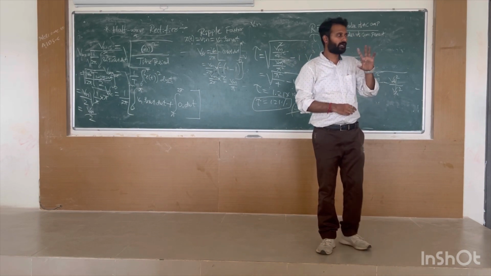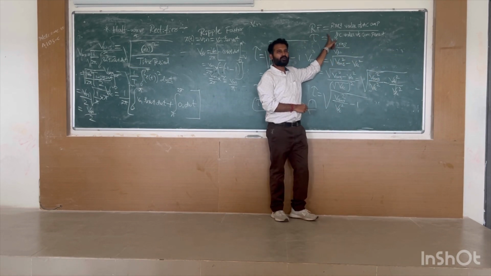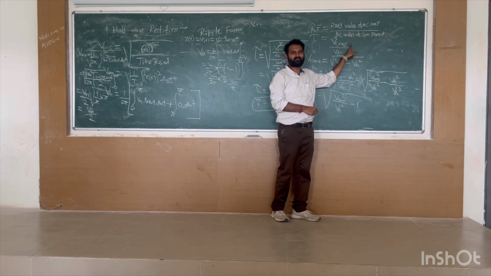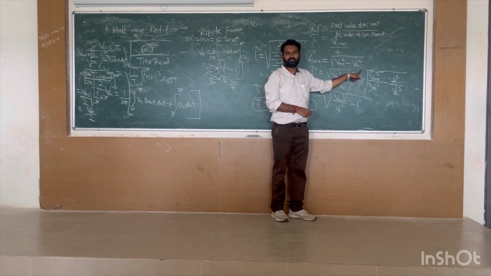I'll repeat one more time. Ripple factor is equal to the RMS value of the AC component to the DC value, the DC component. Your RMS value is nothing but VR,RMS. But practically VR,RMS is equal to square root of VRMS square minus VDC square.